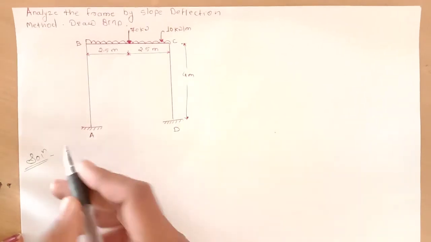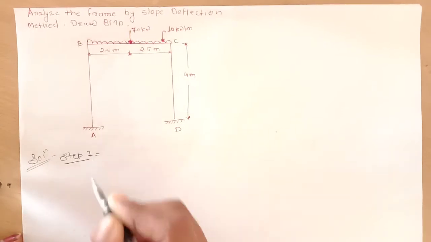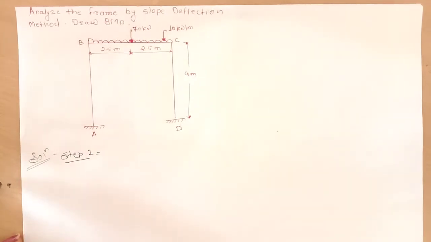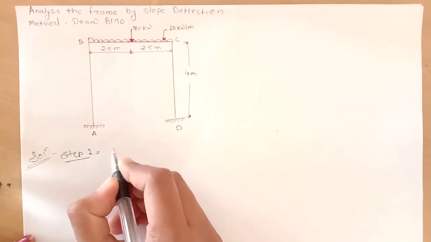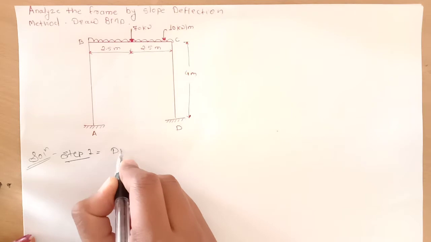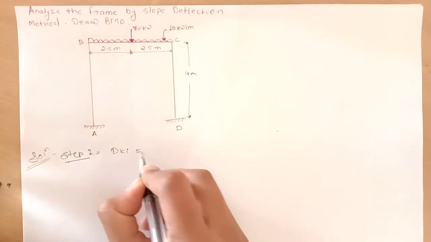So the solution is, first step, to find the degree of kinematic indeterminacy, that is DKI, equal to 2.